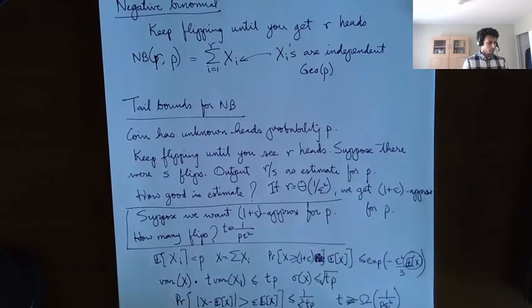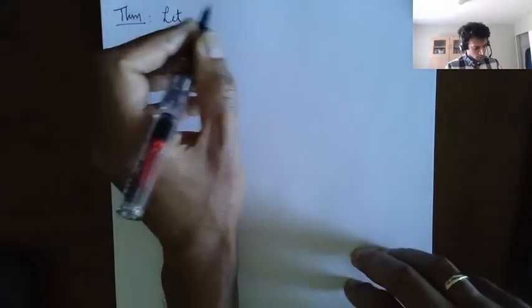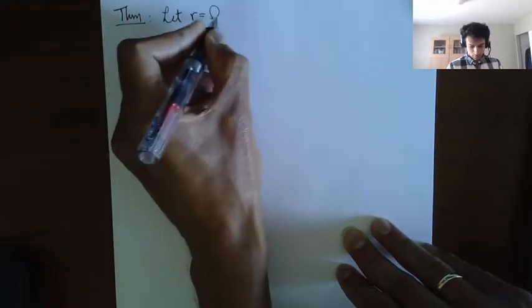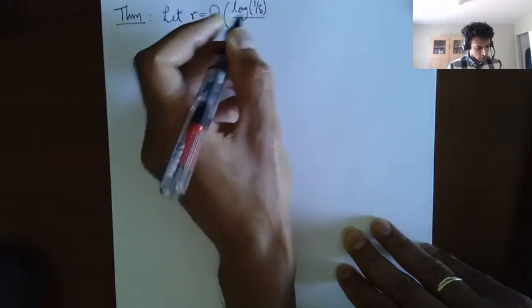Okay, so let me write this down again. I'll write this as a theorem. Let r be omega of log 1 over delta divided by epsilon squared.